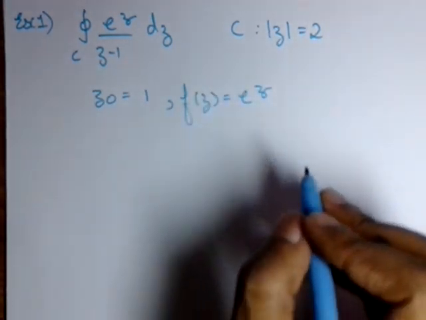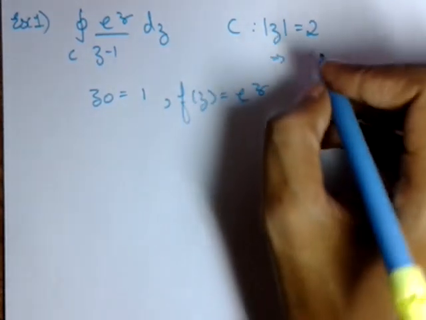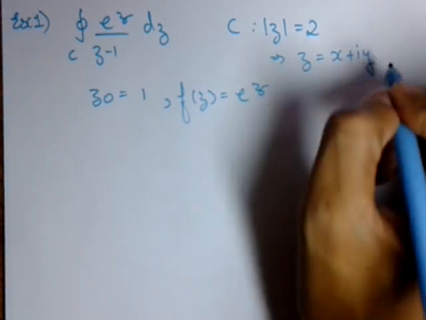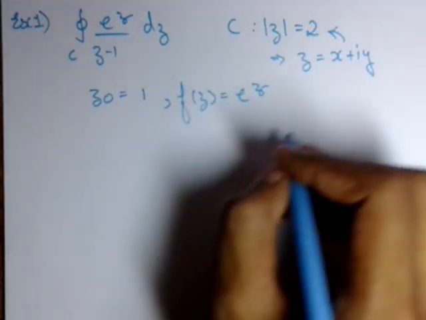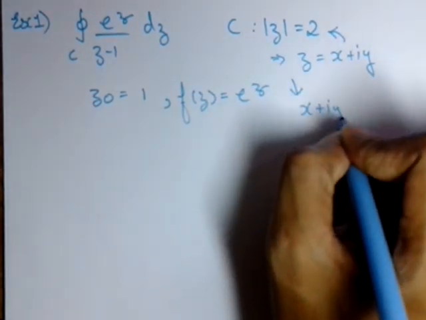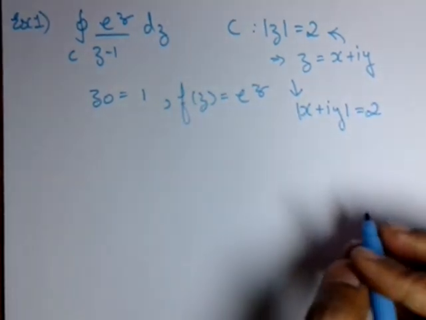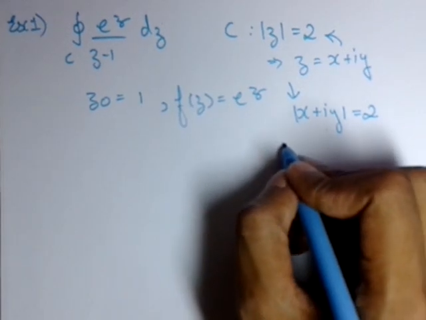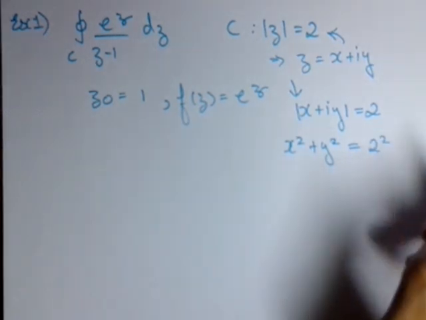and the contour mod z equal to 2 implies that we can write z is equal to x plus iy. So on putting this in the contour equation, we get mod of x plus iy equal to 2. So now on applying the modulus function for complex numbers, we get x squared plus y squared is equal to 2 squared.